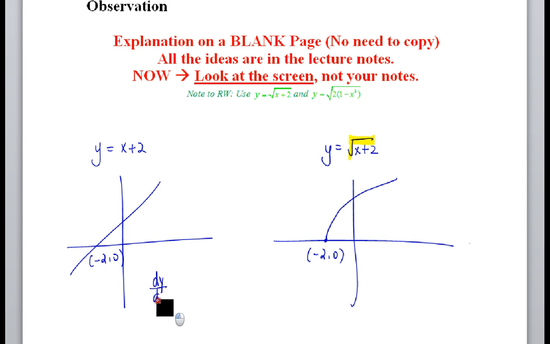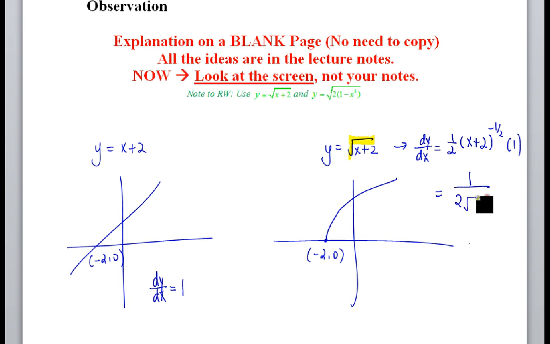We can differentiate: dy/dx is half of (x plus 2) to the power of negative half, times 1. Am I right? So it equals 1 over 2 square root of x plus 2. Now we have it. I think we have the answer.